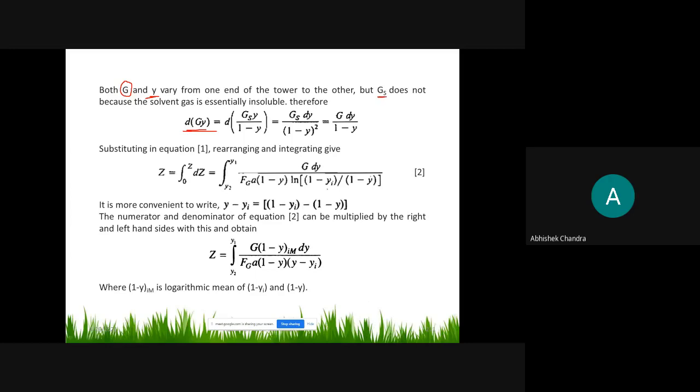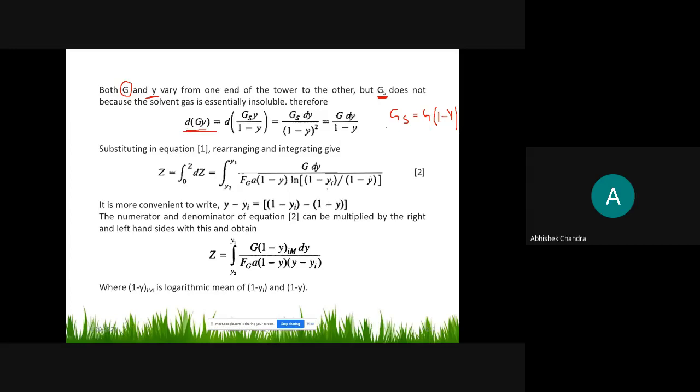But Gs, the molar flow rate on a solute free basis, does not vary. So you can write G in terms of Gs, and you already know that Gs is simply G multiplied by 1 minus Y.